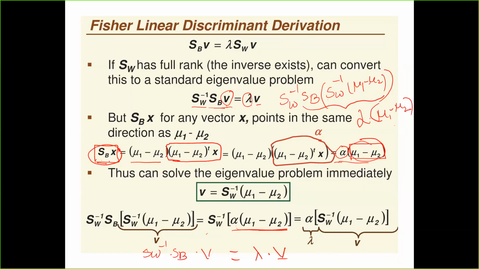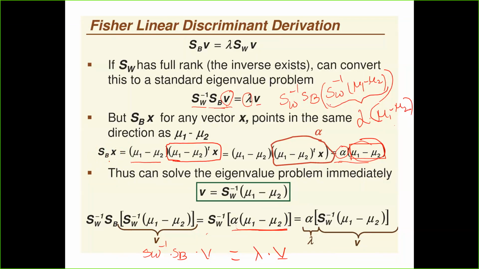Am I right, sir? Because the whole thing, this SW inverse mu1 minus mu2, is equivalent to the dimensions of the x, right? So for any vector x, this SW inverse mu1 minus mu2 is also some vector.